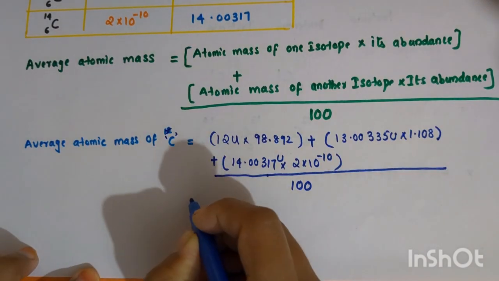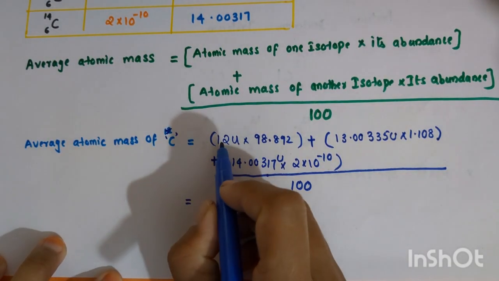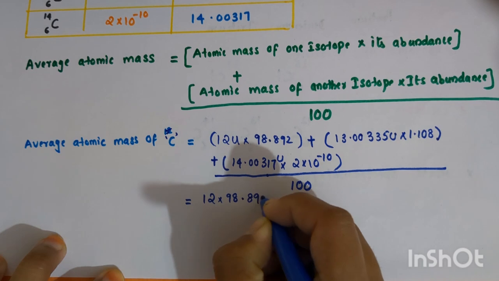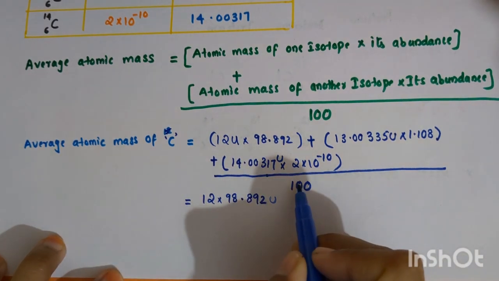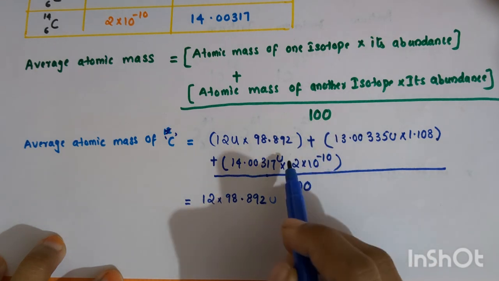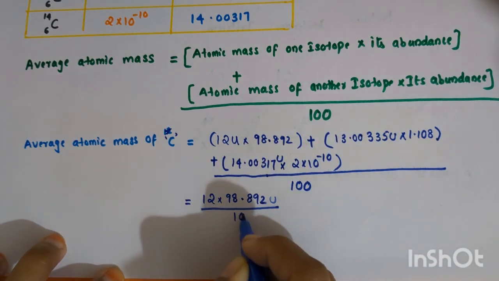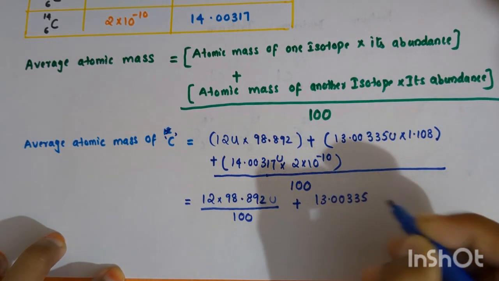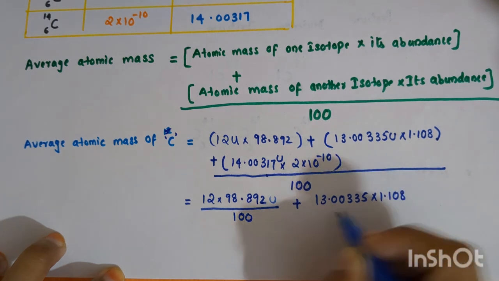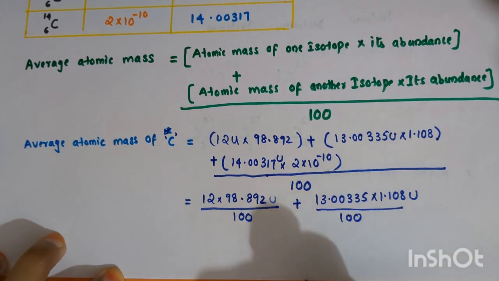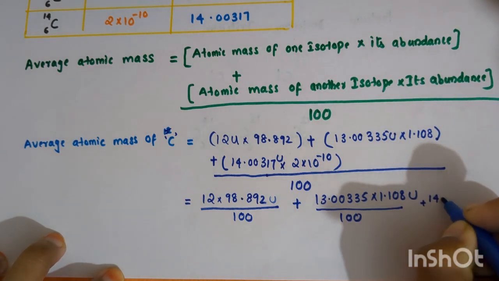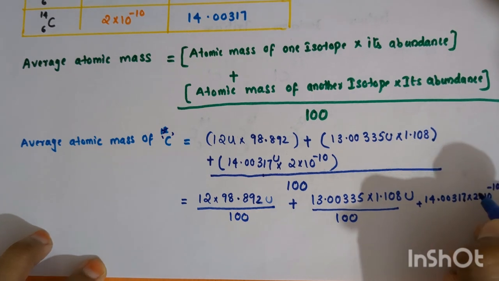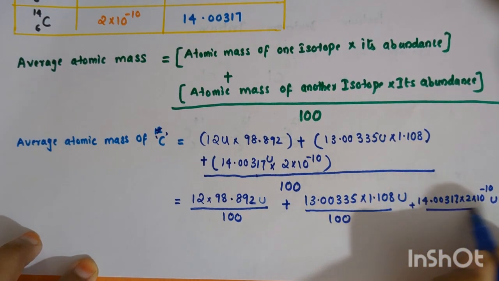This can be written as 12 times 98.892 u divided by 100, since the denominator is common for all three terms, plus 13.00335 times 1.108 u divided by 100, plus 14.00317 times 2 times 10 raised to minus 10 u divided by 100.